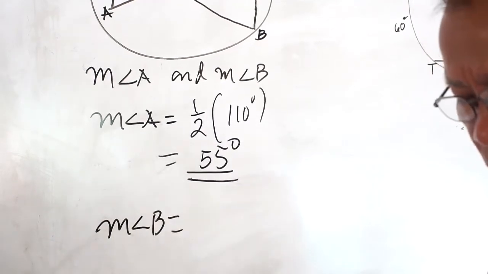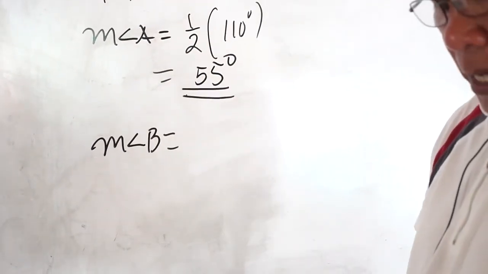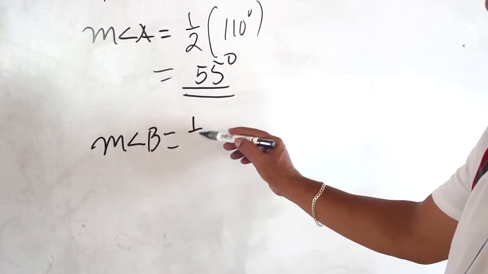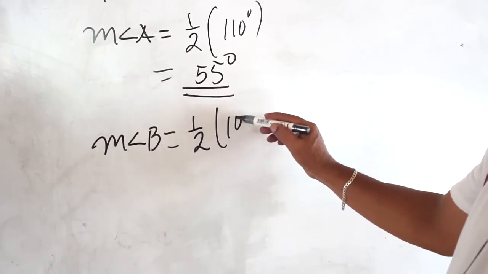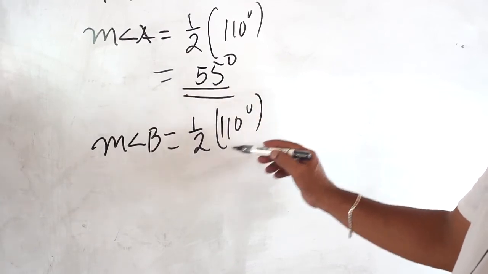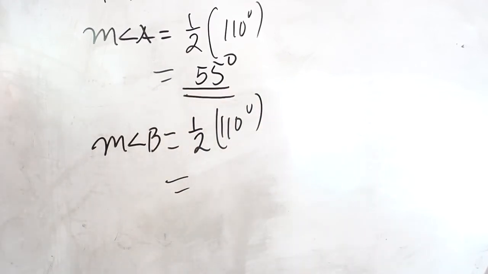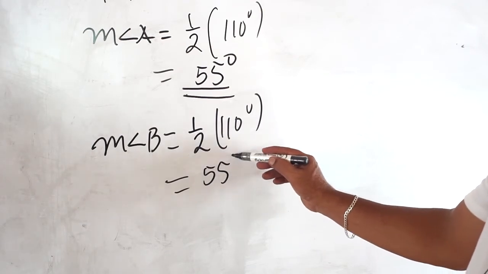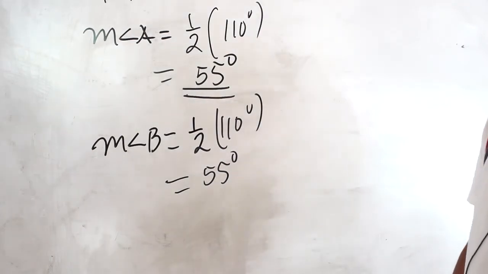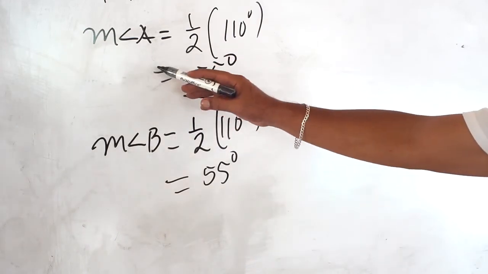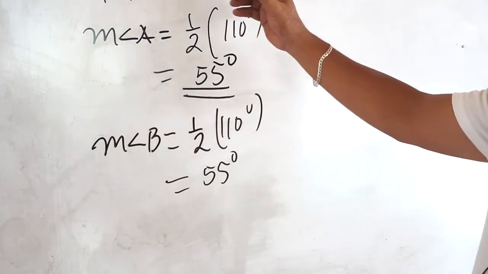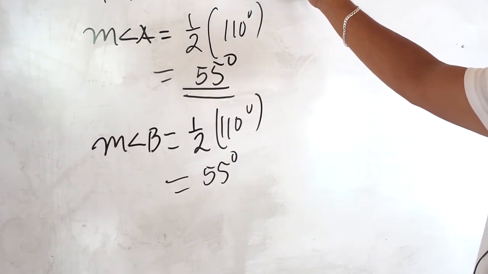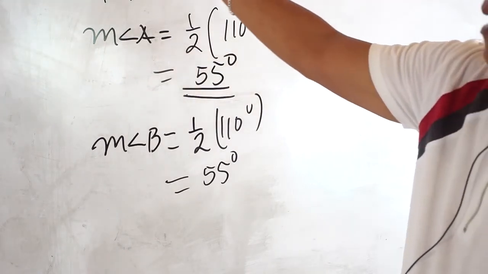It is equal to 1/2 of 110 degrees, and 1/2 of 110 degrees is equal to 55 degrees. So therefore, the measure of angle A and angle B is equal to 55 degrees.